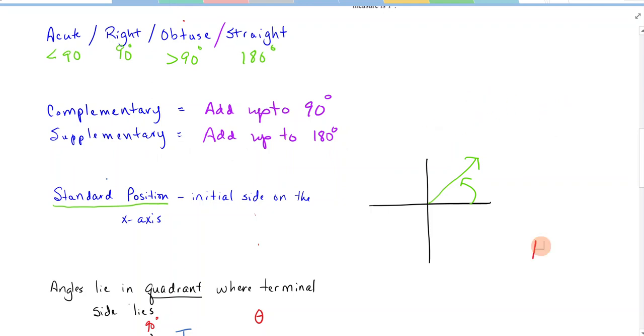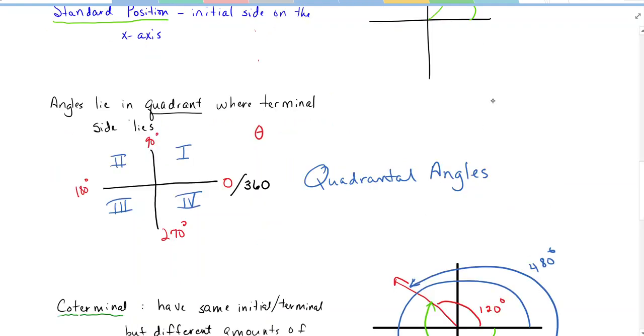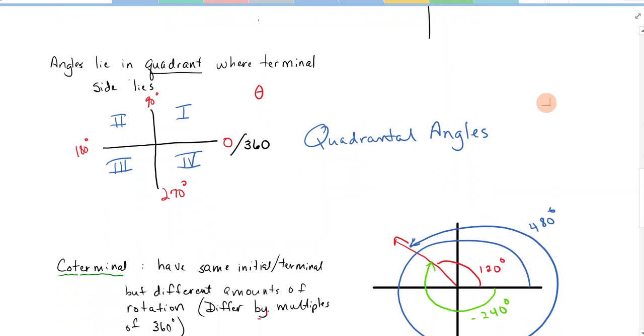Now, an angle is said to be in standard position if its initial side is on the x-axis. So if it starts here and goes that way, it is in standard position. Now let's talk about the quadrants. An angle lies in the quadrant where the terminal side lies.